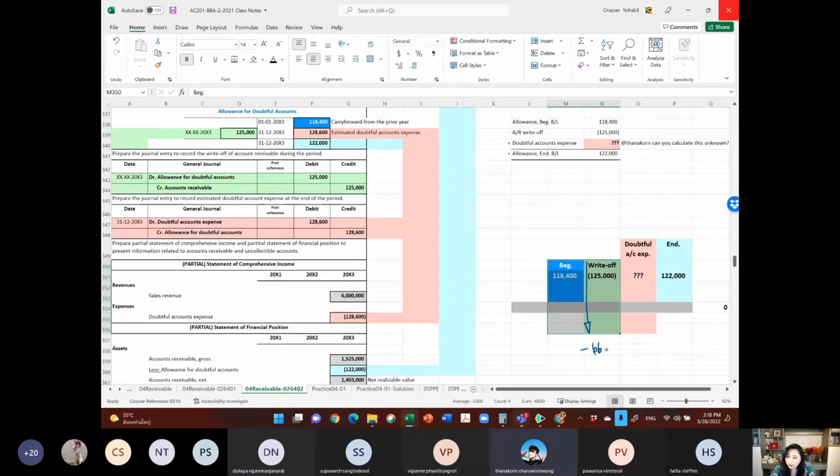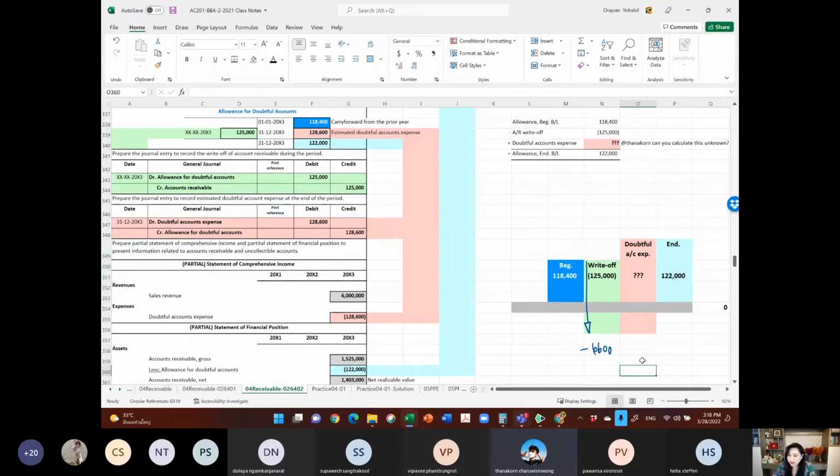Okay, now at the end of the year, right? At the end of the year, you want the balance of this allowance to be how much? 122,000. Okay, and you want it to be positive or negative? Positive. All right.